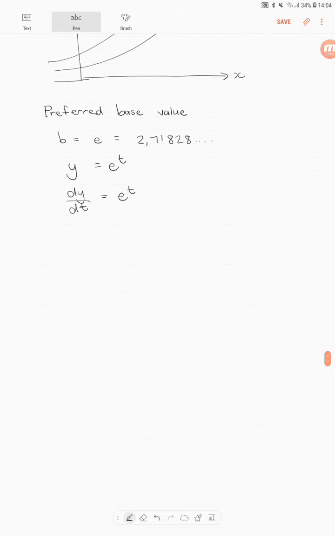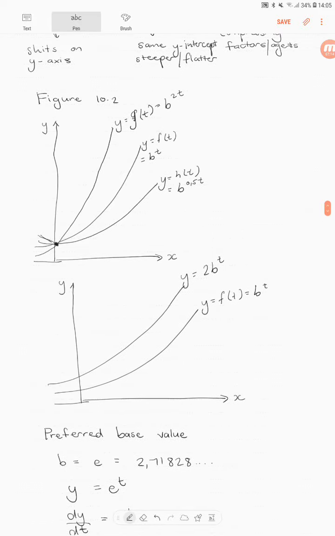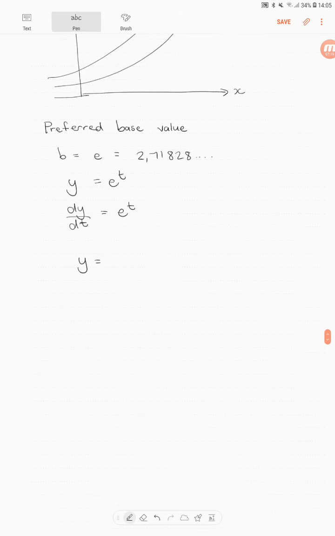What happens if we expand this to include our compressing and extending factors? So if we have a function like y equal to a e to the r t, if we want to take the derivative of this, we use the chain rule.